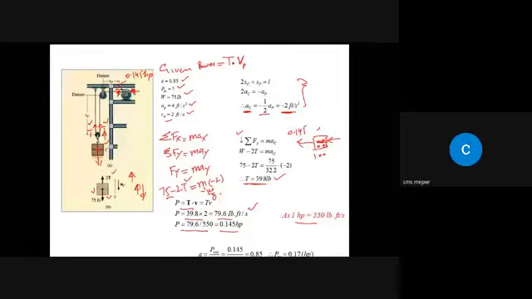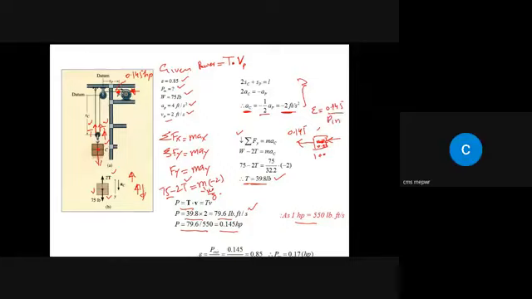So as we know that efficiency is equal to output by input, right? How much is the efficiency? 0.85. So, okay, the input will go here, and this E will come here, right?